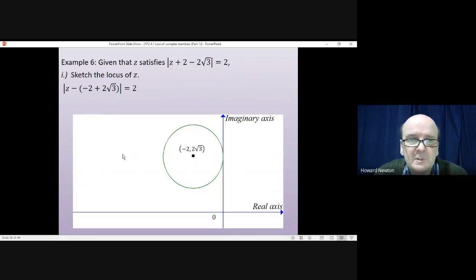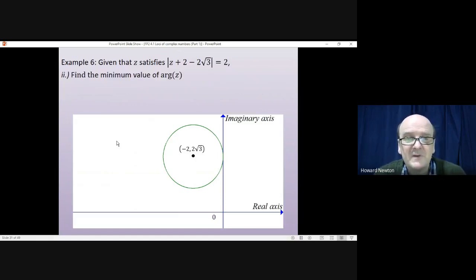So we've got a circle which has center minus 2 plus 2 root 3 i, and it's got radius 2. That is what it would look like. Now, if the radius is 2, it will touch the y-axis, because again, this center is at minus 2 on the x-axis. So that distance will be exactly 2. 2 root 3 is bigger than 2, so the circle will not cut the x-axis. It will be above the x-axis as it's drawn there.